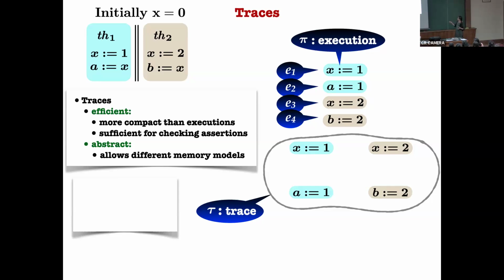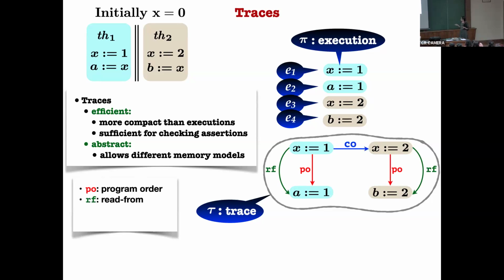If I model this as a graph, I first write all the respective events, reads and writes. So what are the edges of the graph? There's a program order, which comes from the program directly, so I have to do nothing about it. So draw the PO edges. The next kind of edge that happens dynamically is the reads-from, RF: which write I choose to read from. Then there is a coherence order, CO, the order in which writes happen to the same variable.